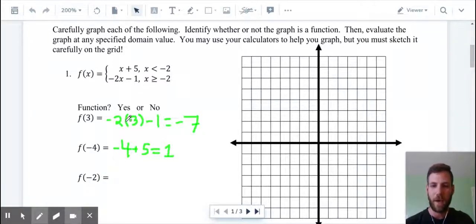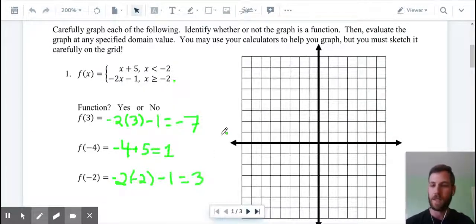We have to think about if negative 2 is less than negative 2 or greater than or equal to negative 2. And you just have to think about what those symbols mean. Negative 2 is definitely equal to negative 2, so it fits the second version. And I would do negative 2 times negative 2 minus 1, which ends up being equal to 3.